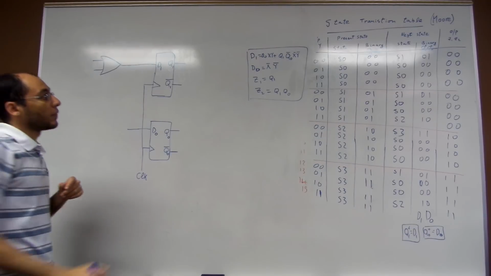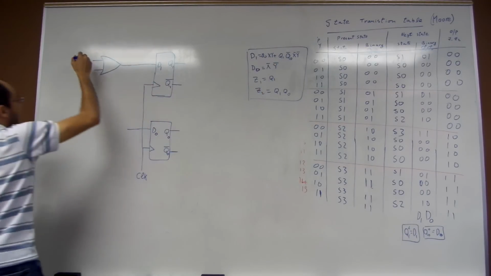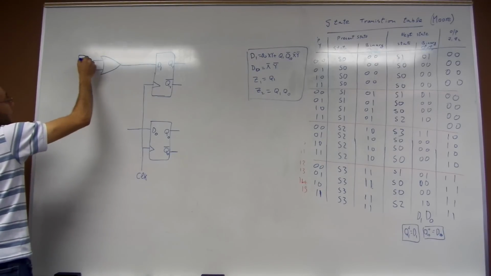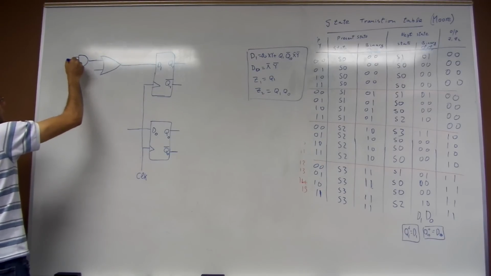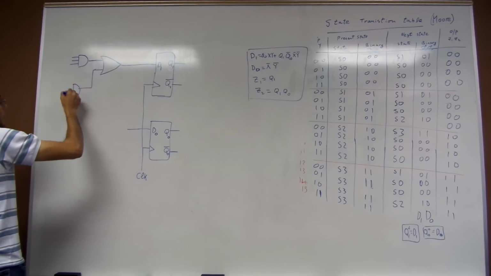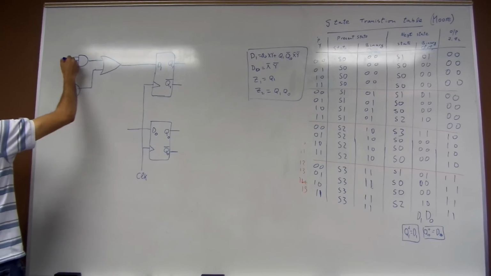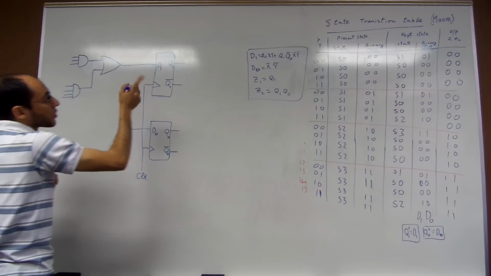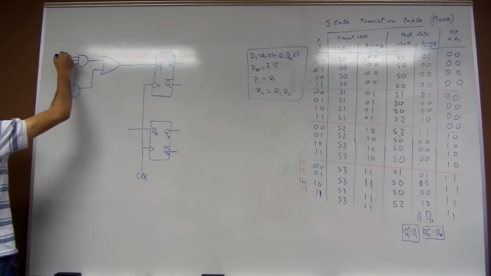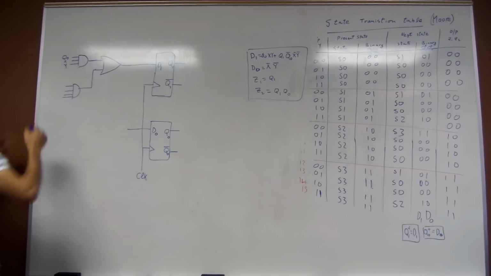The first one is called Q0 XY, so it's an AND gate between 3 terms. And the second one is an AND gate between 4 terms. The first one is an AND gate between Q0, X and Y. Remember that this Q0 is not a switch.